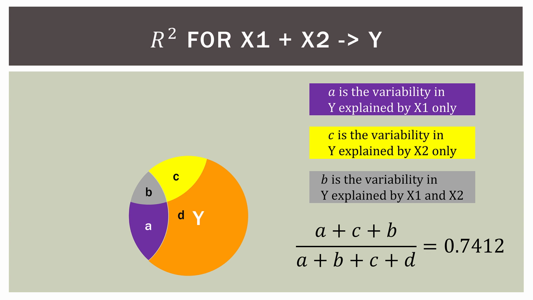And remember, that R squared was 0.7412. So all we're doing is putting our explained variance where things overlap. So x1 to y, x2 to y, and then x1 and x2 combined to y. And we use the R squareds we got from the simple regressions we did before.